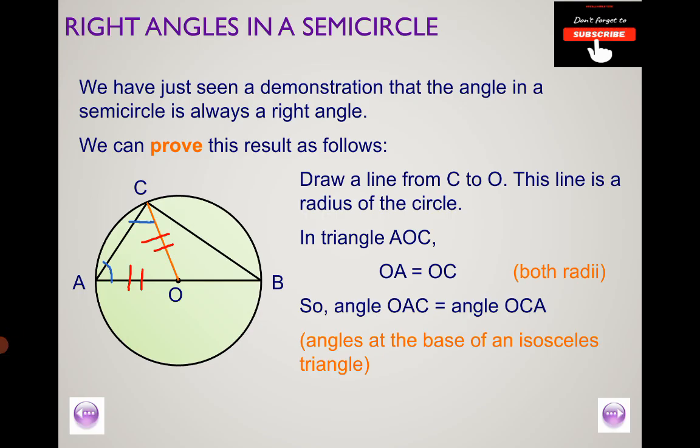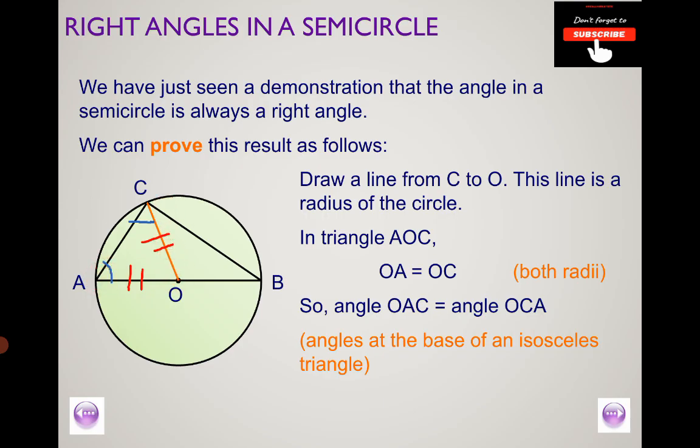Once again, if you recall from your Form 2 mathematics, or better still Form 1, you learned that an isosceles triangle is one with two sides equal. So when two sides in a triangle are equal, the angles below those two sides are called base angles. So the angles that I have marked in blue here are base angles of this triangle.